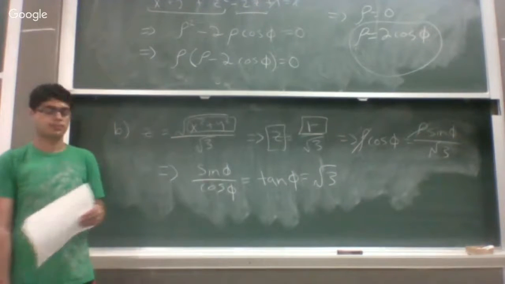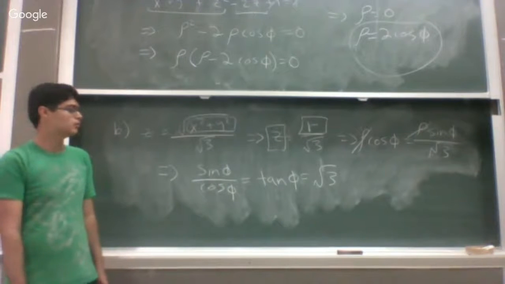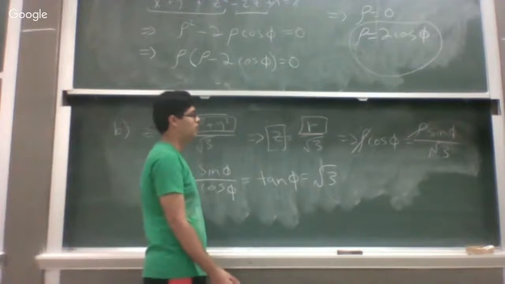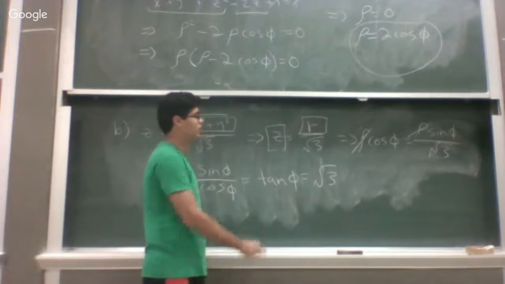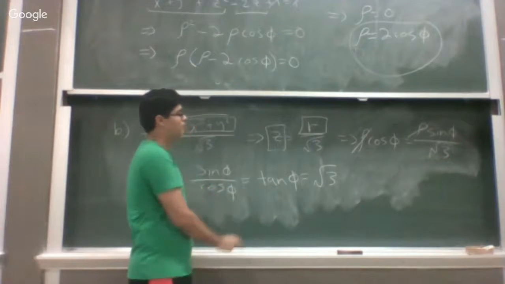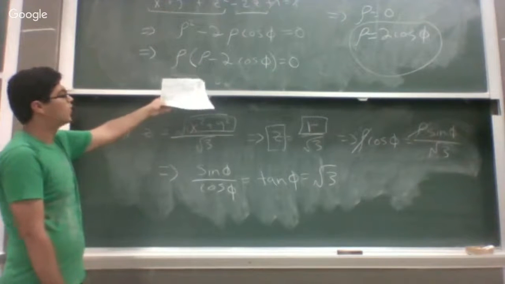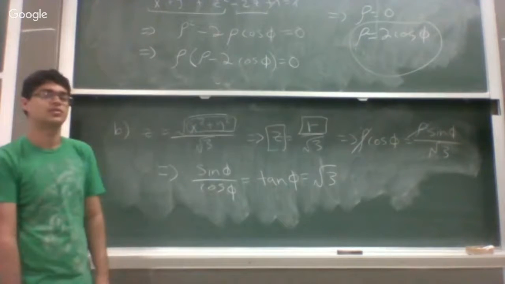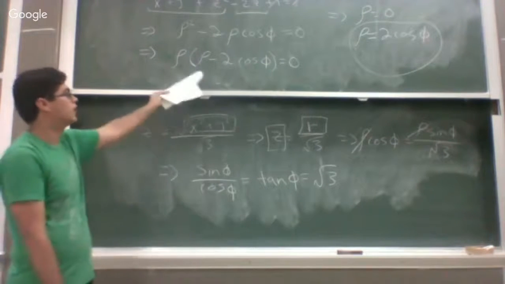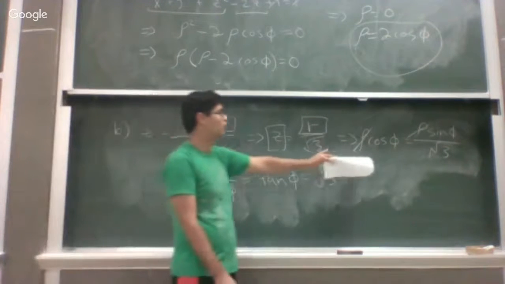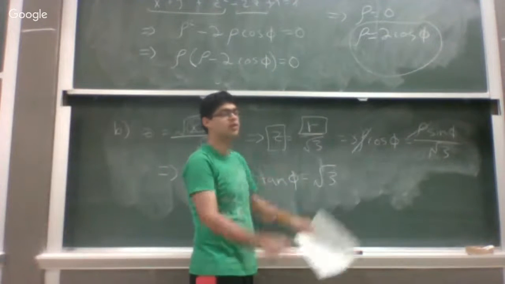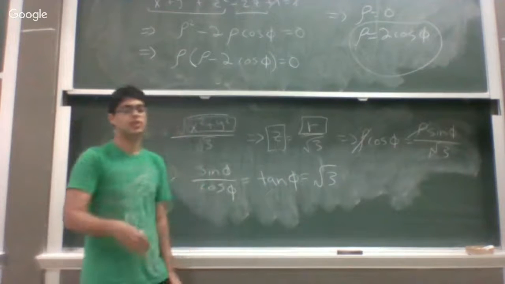How come you can cancel out the rho? Because we're just trying to put it in simplest terms now. If we had crossed out rho, we would have lost that rho could equal 0. And we could have factored it in this. If one of these was squared, then you could try to factor it by bringing them to one side and get it in terms of rho.